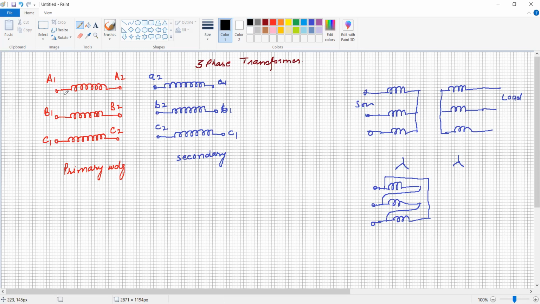As per this polarity test, these two terminals are of the same potential, meaning the EMF induced from A2 to B1, and B2 to A1 are in similar polarities. Notations are given as per the polarity test on the transformer winding.